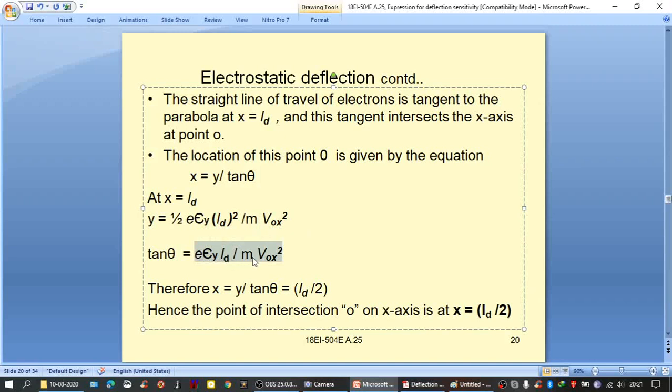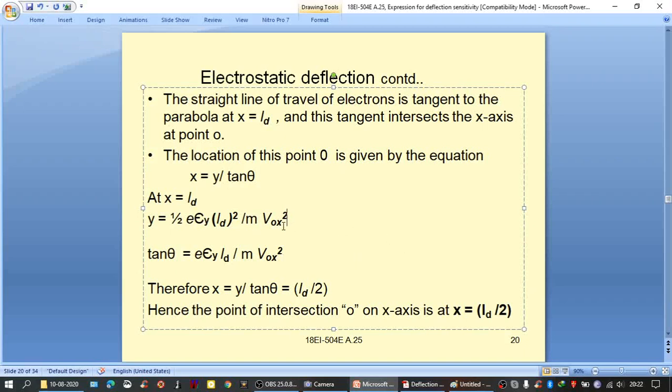In this equation, y by tan theta, the numerator becomes the denominator and the denominator becomes the numerator, so it is half E Ey LD square by m V0 square multiplied by m V0 square by E Ey LD.